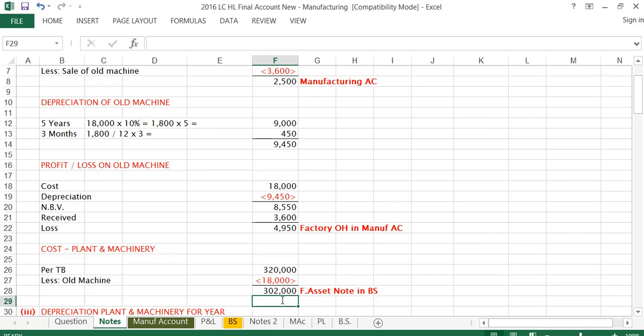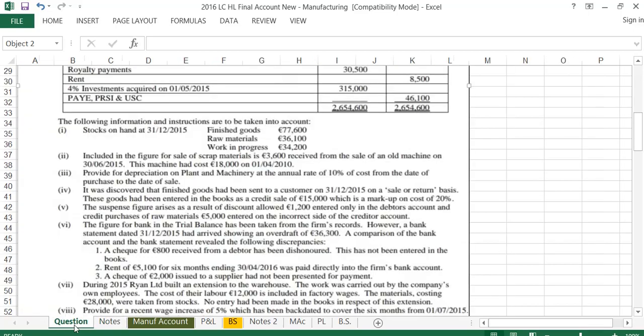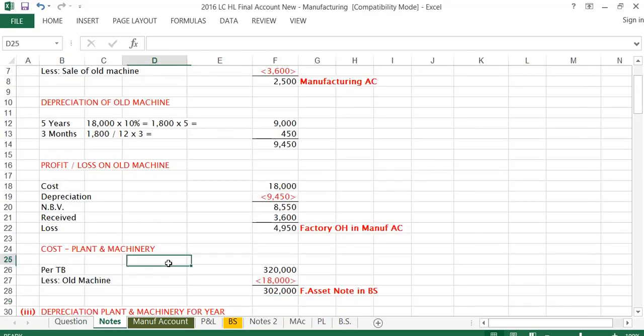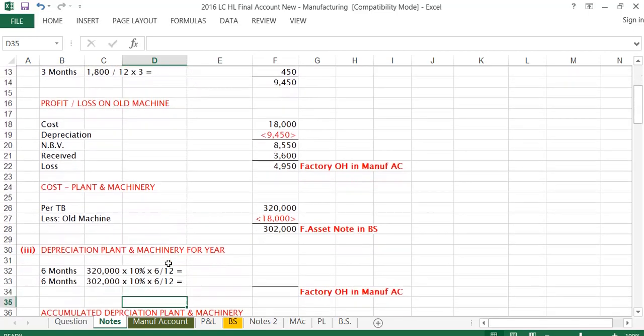Now Note 3 asks us to provide for depreciation of plant and machinery at an annual rate of 10% of cost from date of purchase to the date of sale. So I need to do a note on depreciation of plant and machinery, and we may as well do a note on accumulated depreciation of plant and machinery also at this stage.